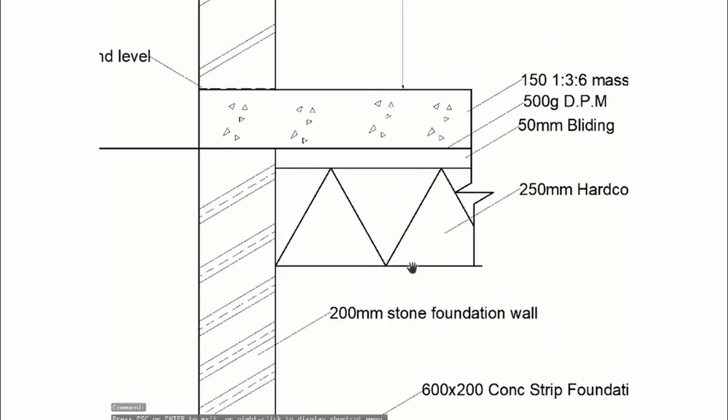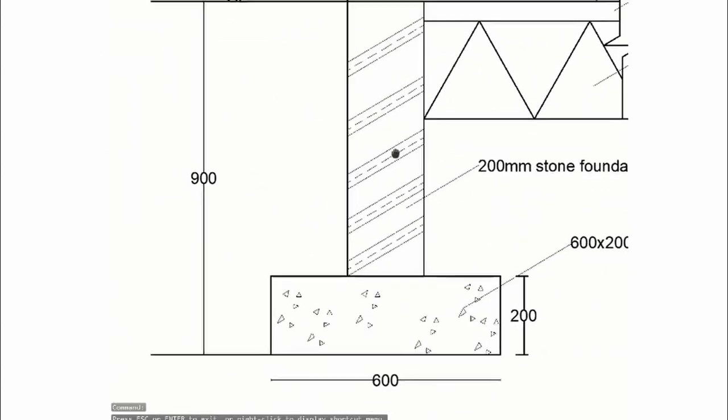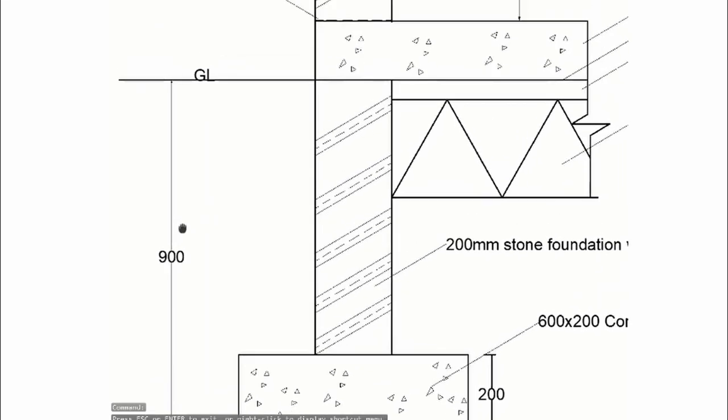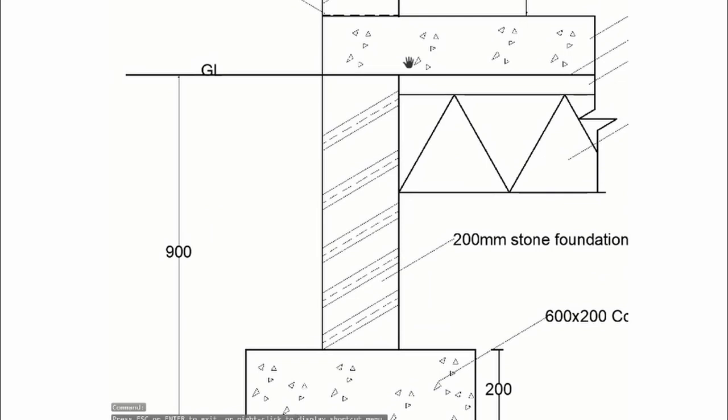Then from there we have the hardcore, and before that, because this is what helps us to get to the ground level, that is the height or the depth from the foundation to the floor or the ground level.